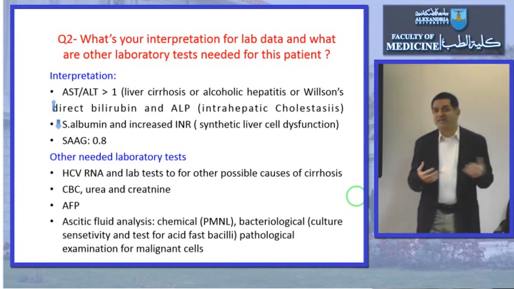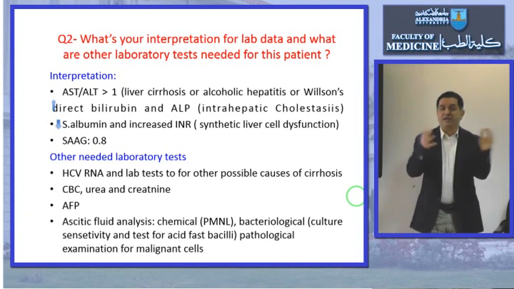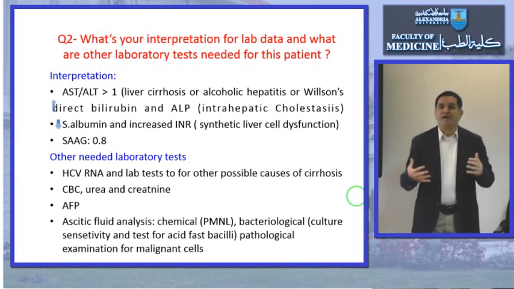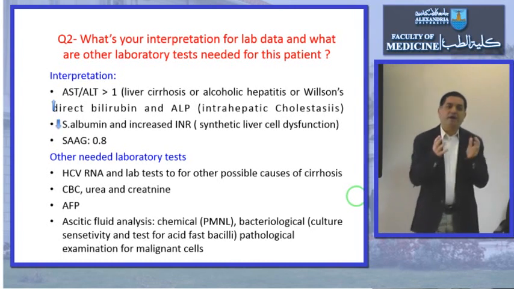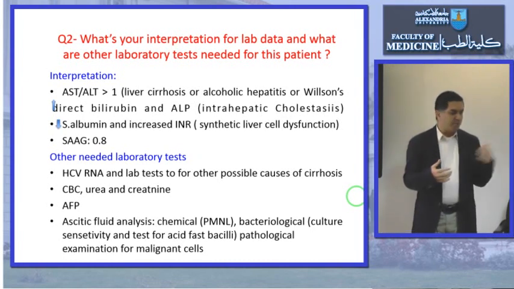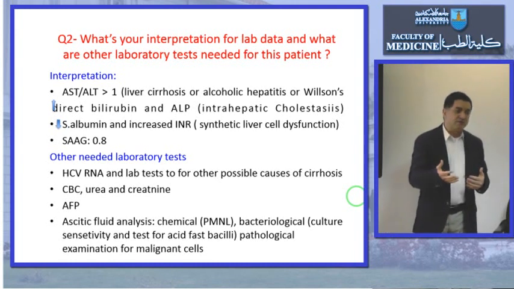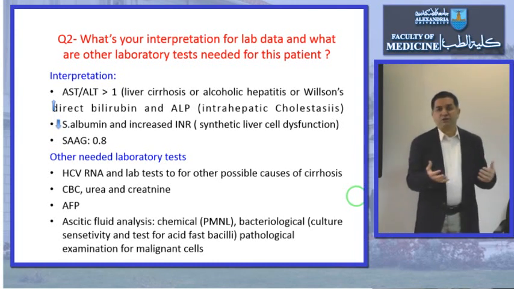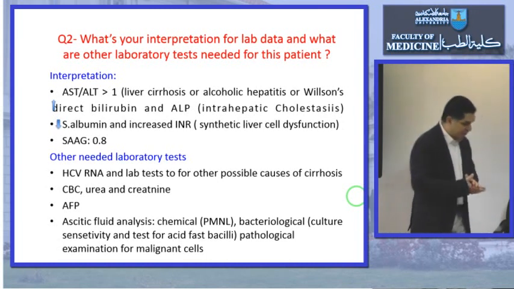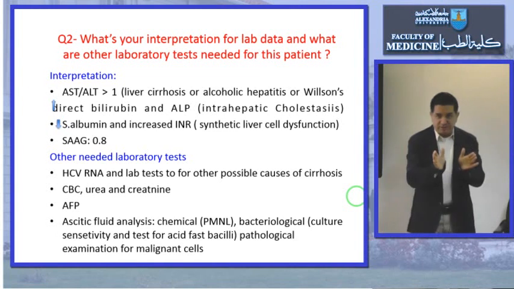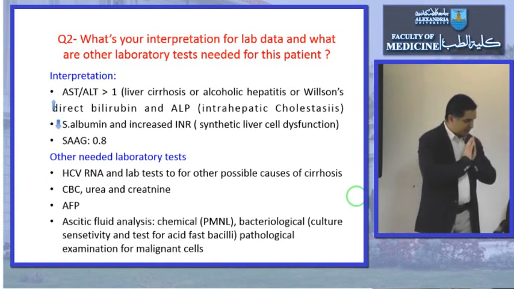And then he has minimally elevated alkaline phosphatase, because in extrahepatic cholestasis, usually you have significantly elevated alkaline phosphatase, usually 3 times the upper limit of normal or more. Plus, in ultrasound examination of this patient, it was reported that the patient has no intrahepatic bile duct dilatation nor common bile duct dilatation. So we have jaundice, cholestasis, which is most probably intrahepatic cholestasis.